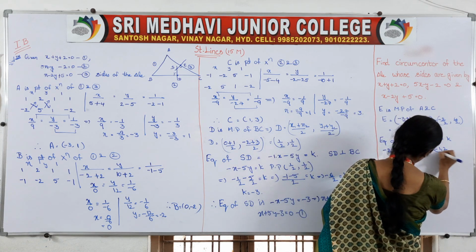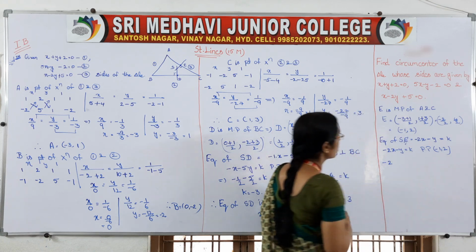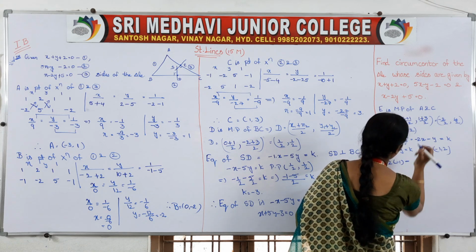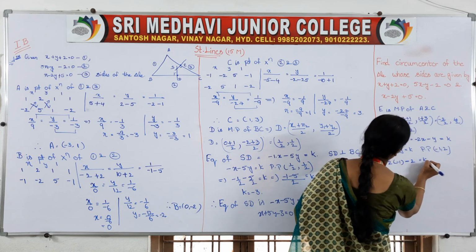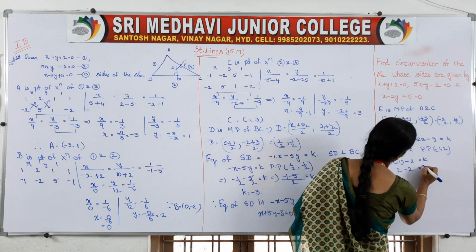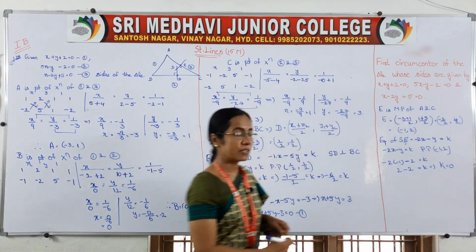Minus 1 comma 2. So substitute, it is minus 2 into minus 1, so it is minus 2 is equal to k. Minus of minus is plus 2, minus 2 is equal to k, implies k is equal to 0.